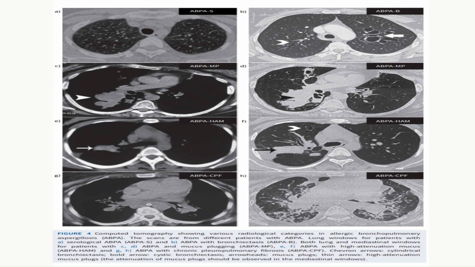First one, A, is ABPA S, second one, B, is ABPA B, characterized by bronchiectasis, and we can see mucus plugging in C, and D is showing ABPA MP with bronchiectasis as well as mucus plugging, and ABPA HAM is seen in E and F, and G and H show the images of ABPA chronic pleuroparenchymal fibrosis.